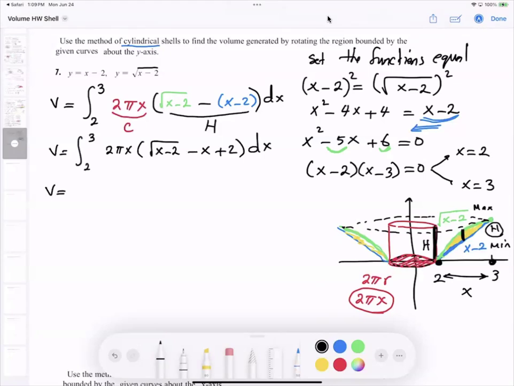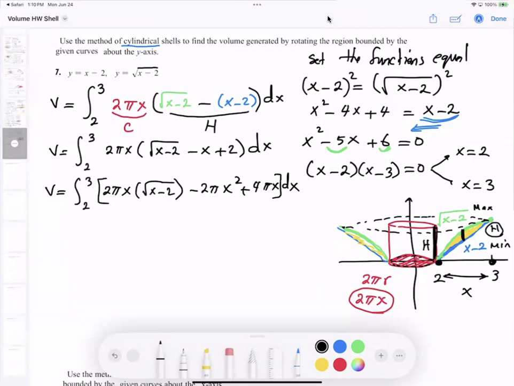So the volume can be calculated as the definite integral from 2 to 3 of 2 pi x times the square root of x minus 2, with x minus 2 inside the radical, minus 2 pi x squared plus 4 pi x dx. Some of the integrals are easy to work with, some others you have to use u-sub. For this one, we're going to use u-sub because we have a quantity inside the radical.